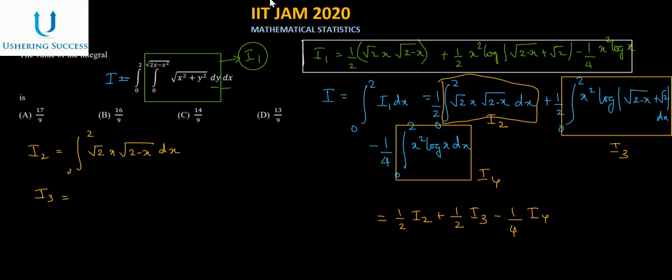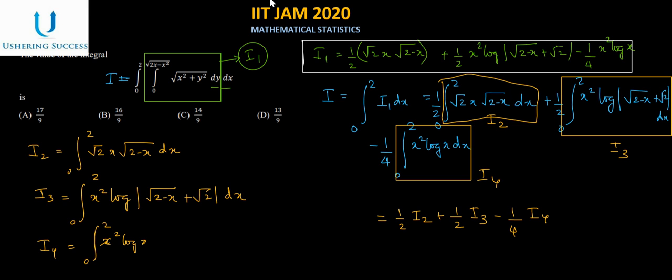I3 is defined as integral 0 to 2 x square log of root over 2 minus x plus root 2 dx, and I4 is defined as integral 0 to 2 x square log x dx.